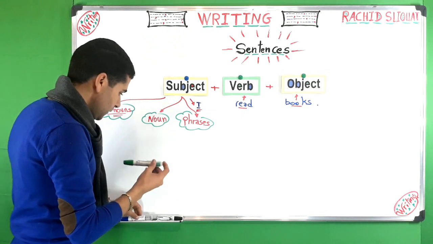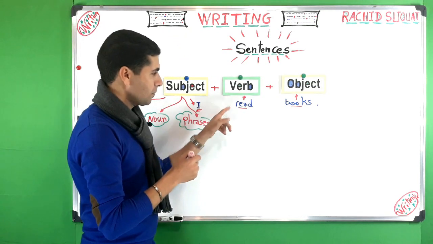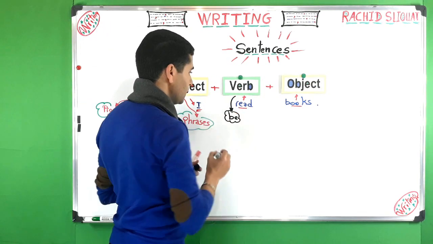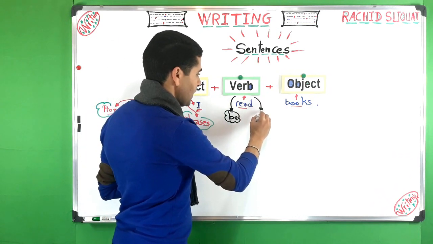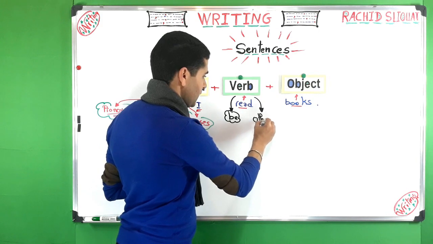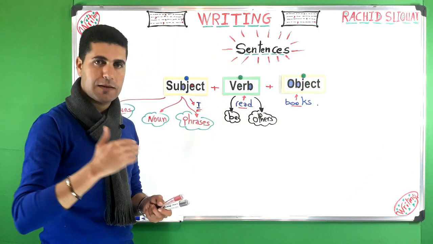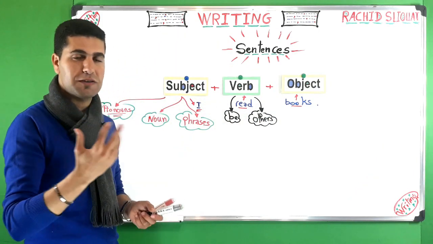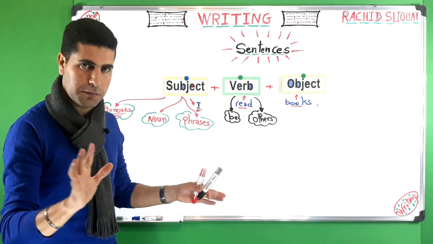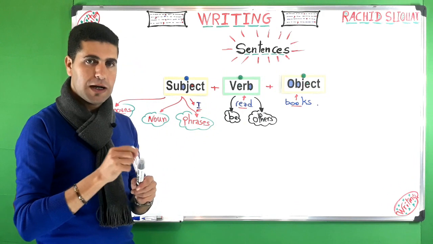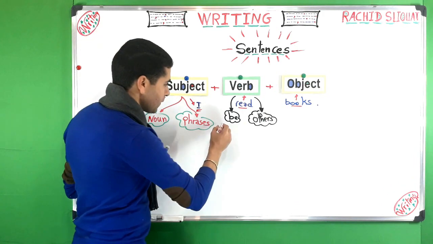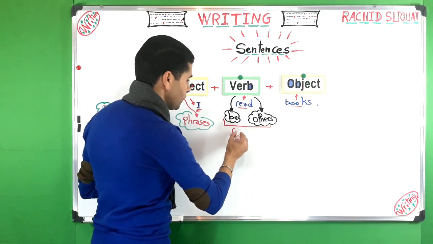Now just keep in mind that the verb can either be the verb to be or it can be other verbs. For example, read, play, listen, do, have, any other verbs and the verb to be. I told you last time that these verbs should be conjugated.